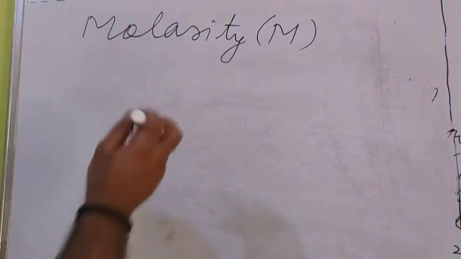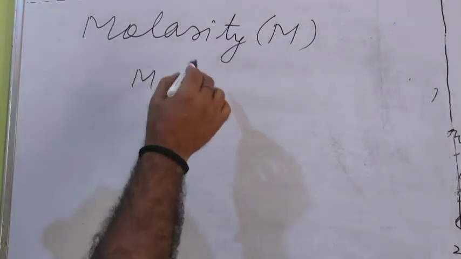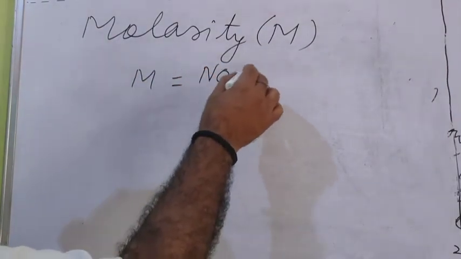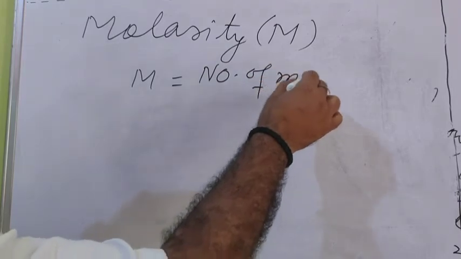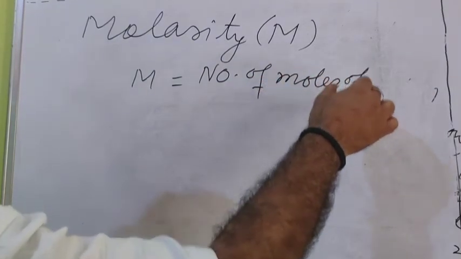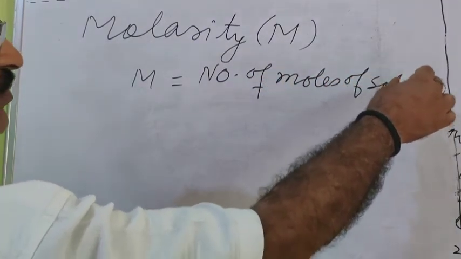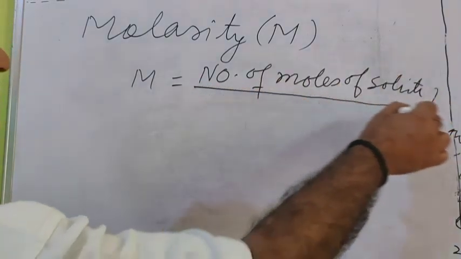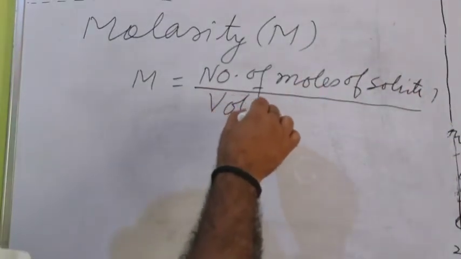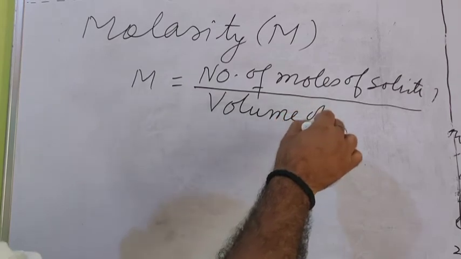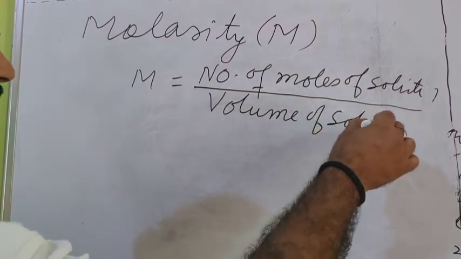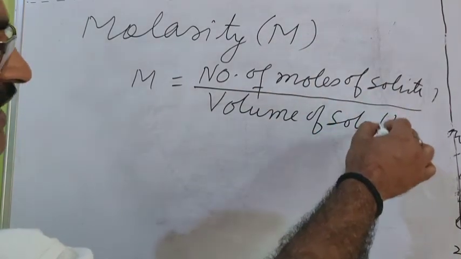Mathematically, M is equal to the number of moles of solute upon volume of solution in liter.